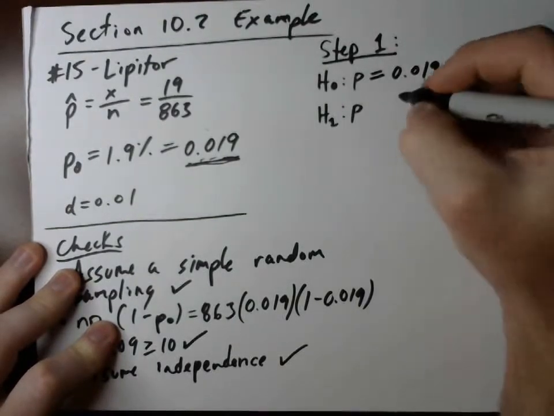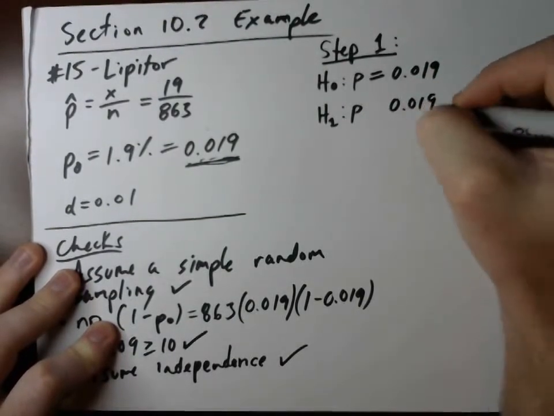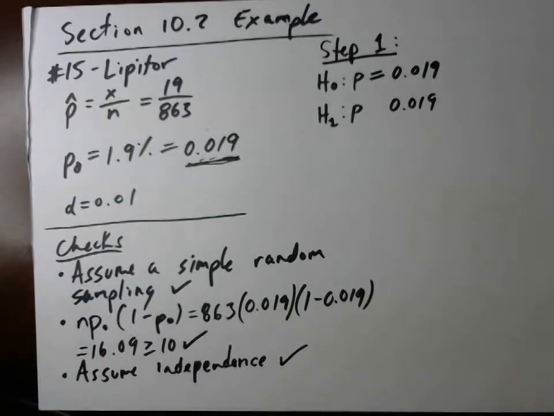0.019. And 0.019. Now we just need to figure out the inequality, and that's where we need to look into the problem. It's based off of the wording of the claimed result. It mentions here, is there evidence to conclude that more than 1.9% of Lipitor users experience flu-like symptoms as a side effect?